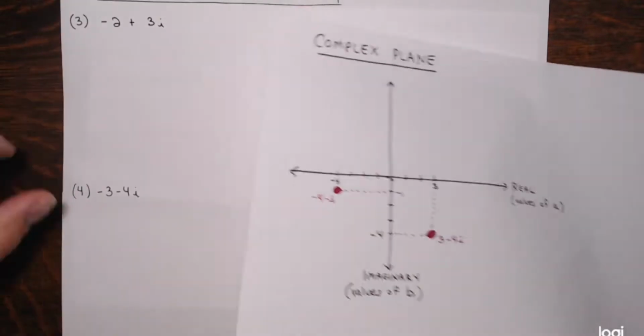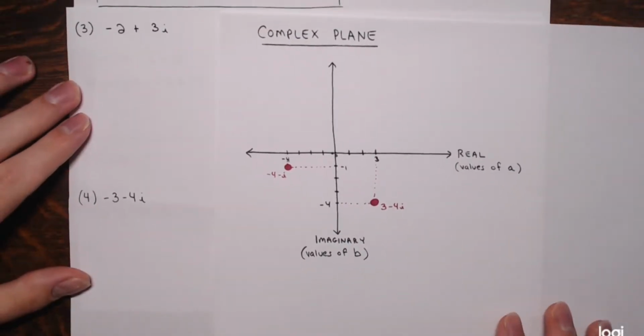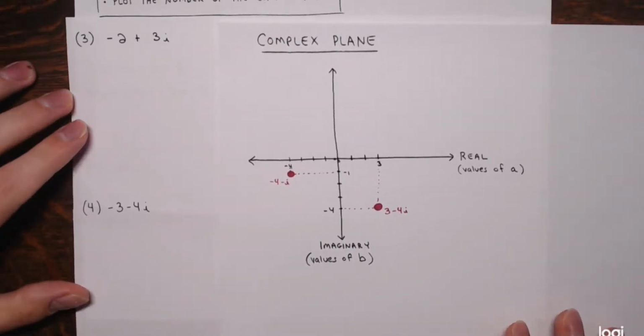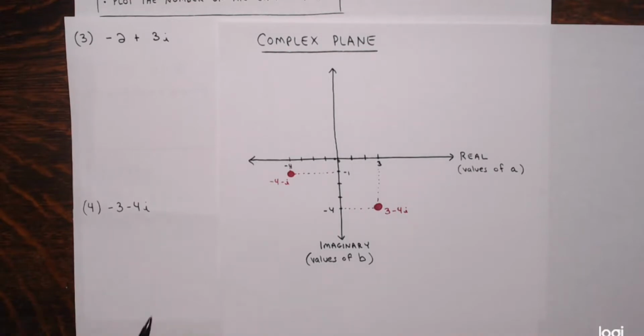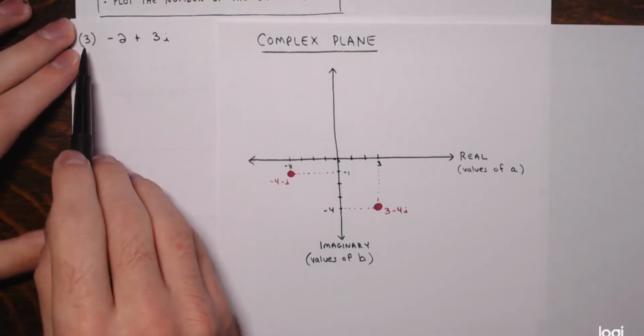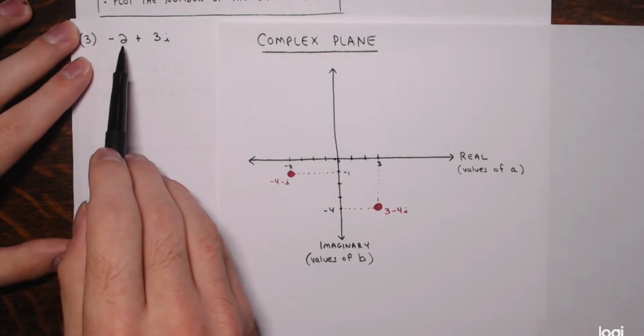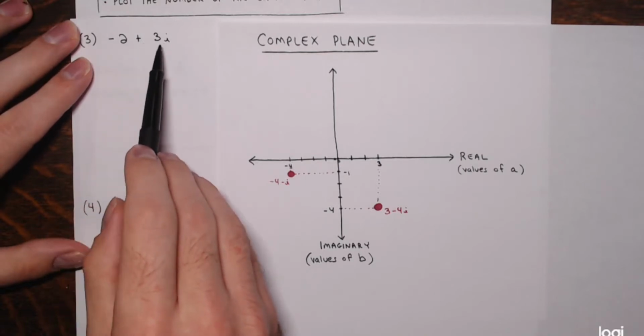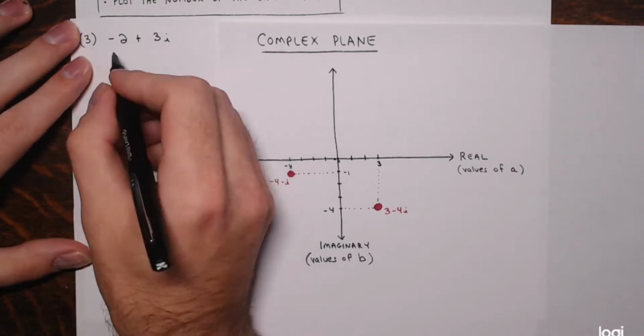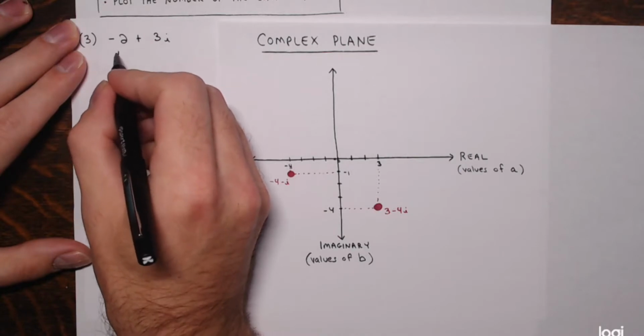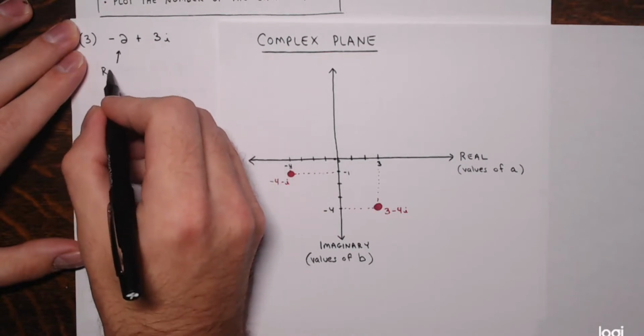Got 2 more. So again, I'll just do it on this same complex plane here. So example 3, we're asked to plot negative 2 plus 3i, and the real part is negative 2.